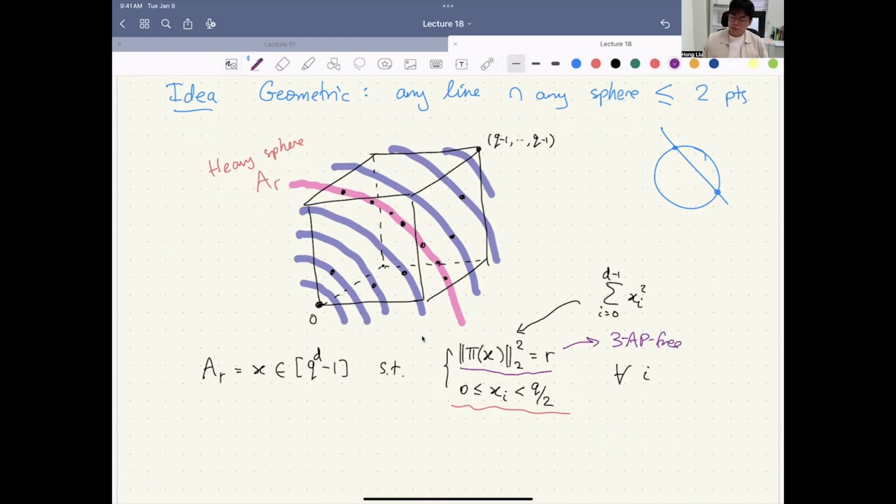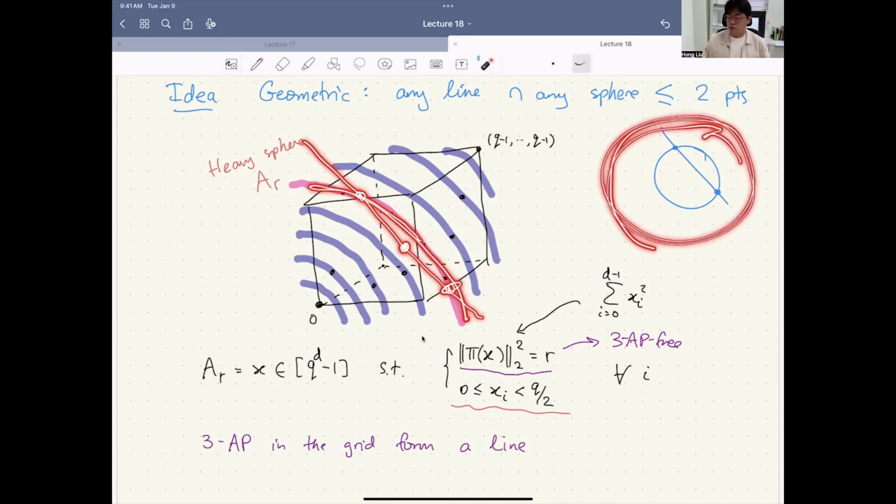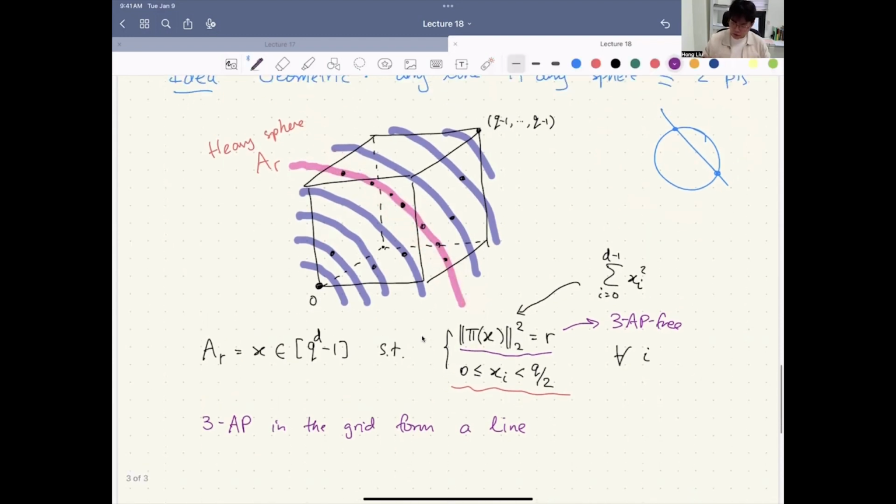Okay, this is because if there is a 3 AP, a 3-term arithmetic progression, in the grid, from a line. So if there is a 3 AP, that means there are 3 points on this line lying on the sphere, which is a contradiction to this geometric fact that every sphere intersects every line in at most 2 points.